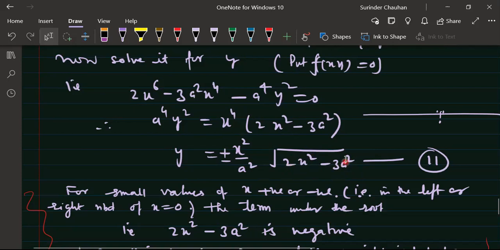In every problem you have to discuss this thing. x very small means x is 0.0001, whose square becomes still smaller compared to this. So this term will be negative, and the root of a negative is complex.